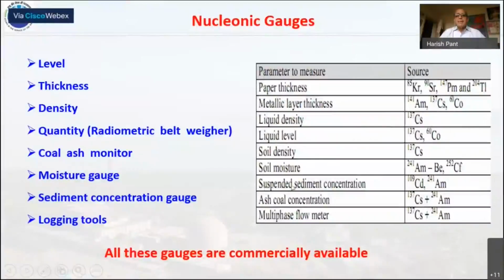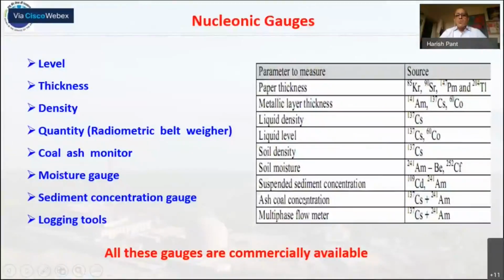For suspended sediment concentration, if one wants to measure the concentration of the sediments in a water column, cadmium 108 or americium 241, the low gamma energy sources, are used.